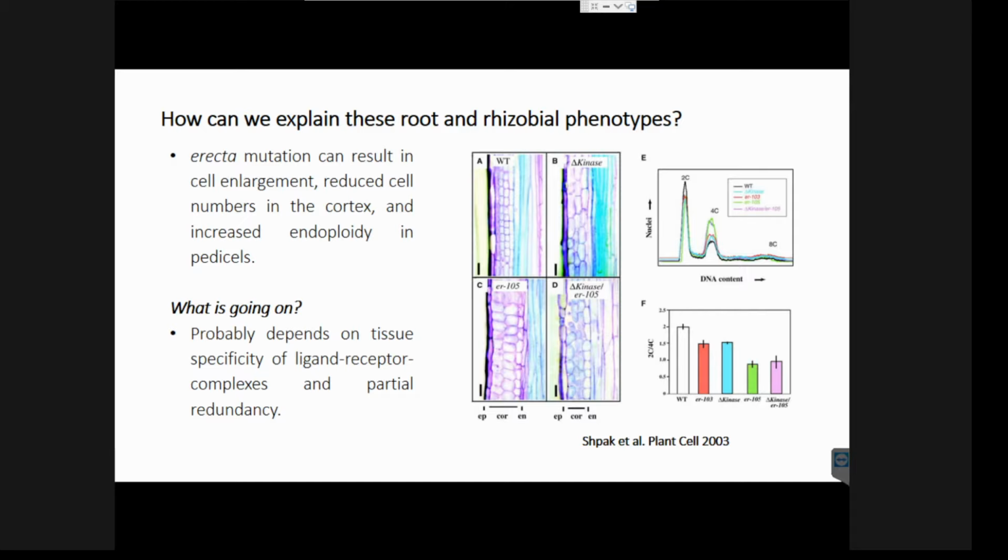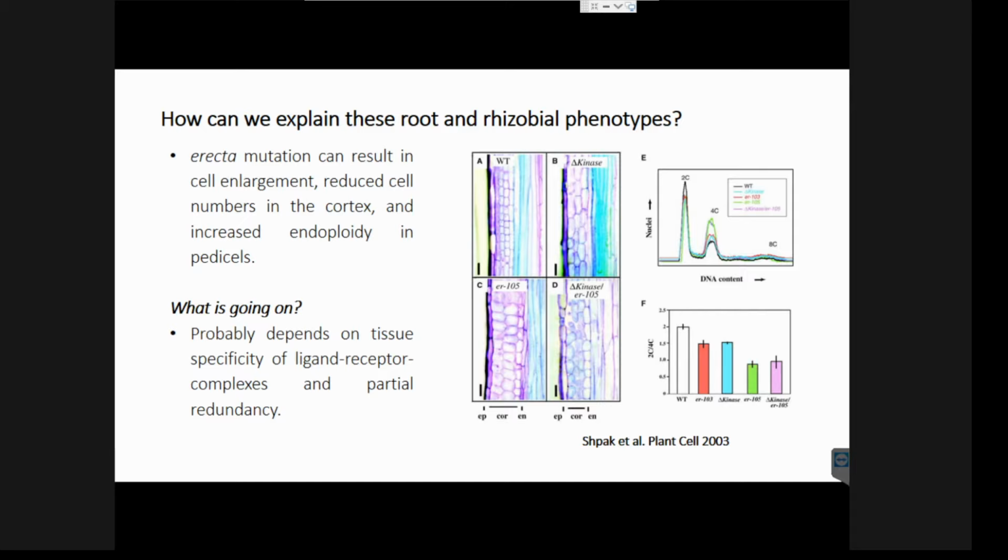But the difference here is this is a deletion of ERECTA. This is not an overexpression of EPF2, which you would think would increase ERECTA activity. So it's very difficult to reconcile both results at this stage.